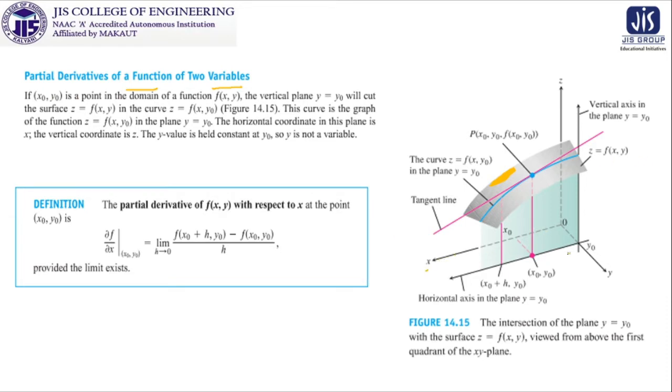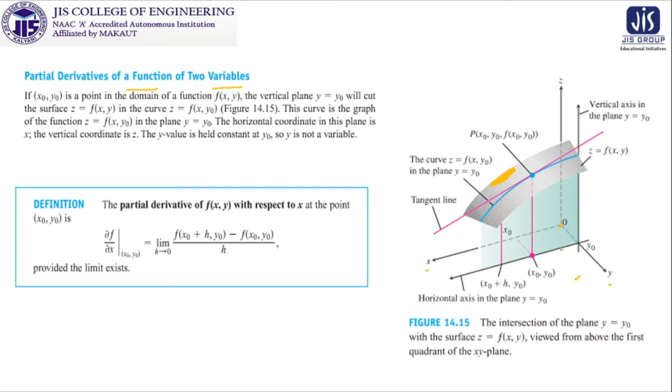This is x-axis, this is y-axis, meaning this is your xy plane. So this is your (x0, y0). So this is the point which is f of (x0, y0) because this is your f(x,y). Now think, if we are considering the vertical plane y equal to y0, this is your y0, this is your xy plane, this is your origin, and this is y at y0.